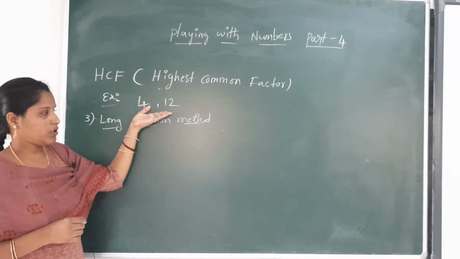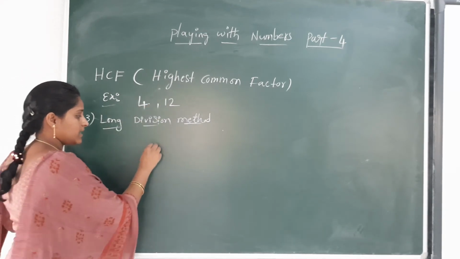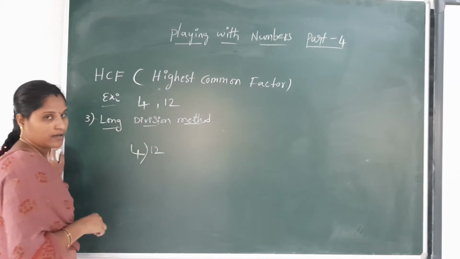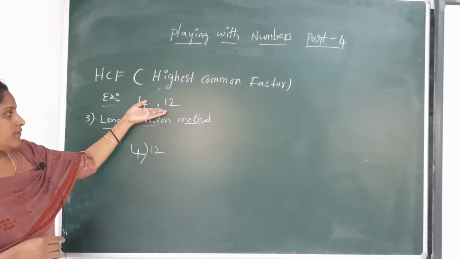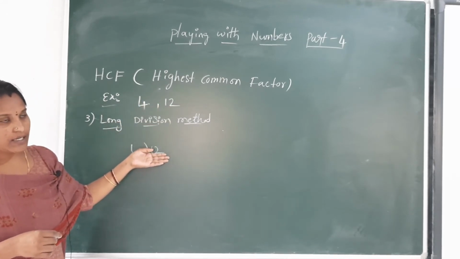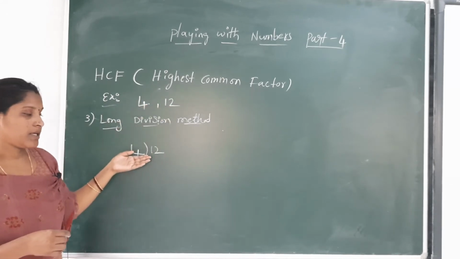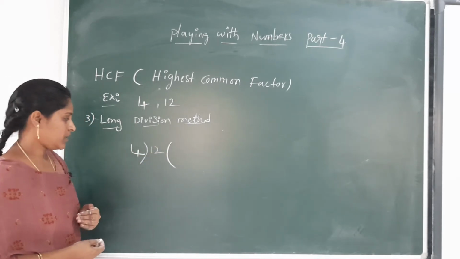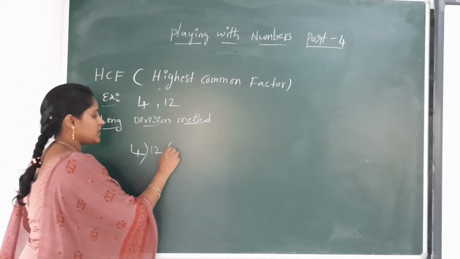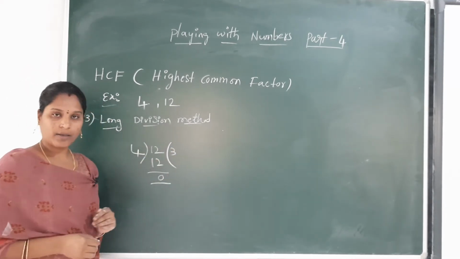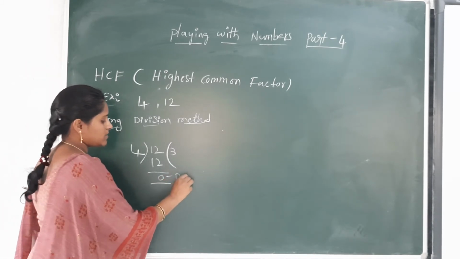Of these two numbers, the biggest one is taken as the dividend and the smallest one is taken as the divisor. We have to follow the division method. 4 3s are 12, we get 0 as remainder.